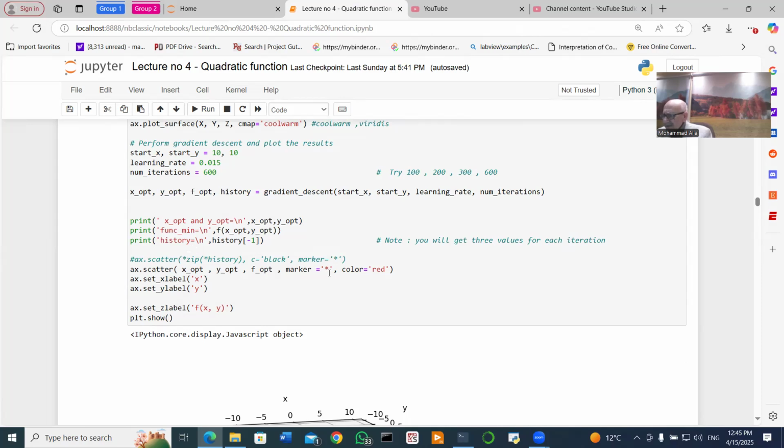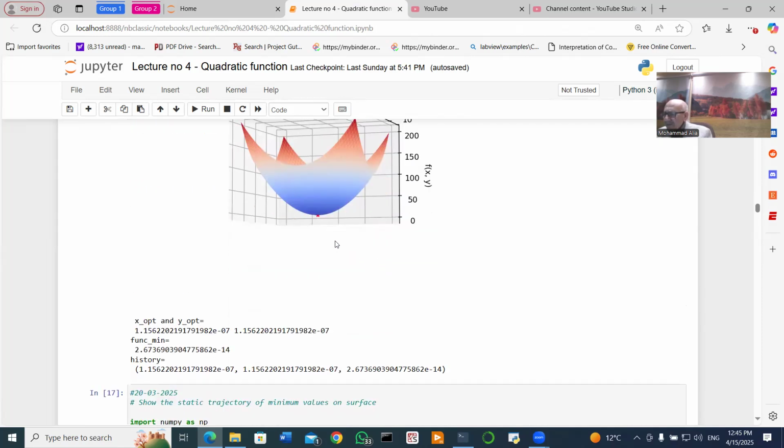We mark it as an asterisk and color it as red. When we look at the figure and run the program, here it is. As you see, it is shown at x0, y0, and has a minimum value f of xy equals 0.